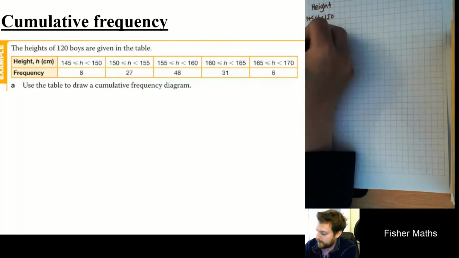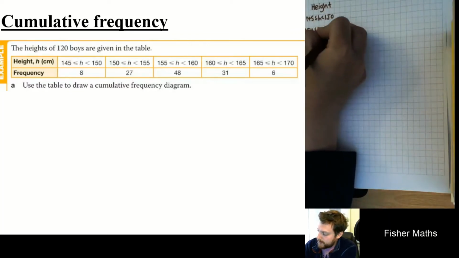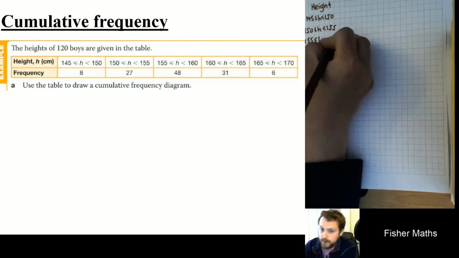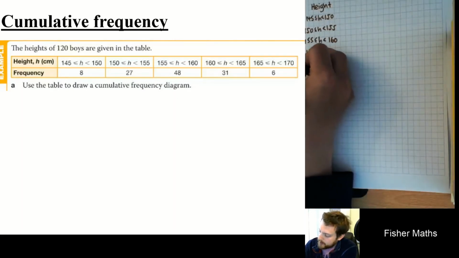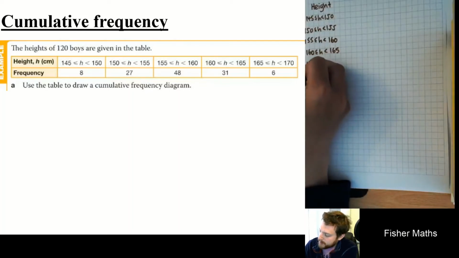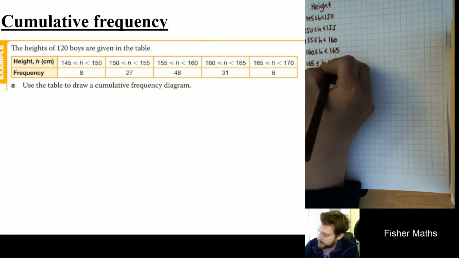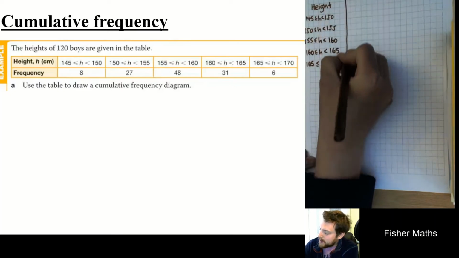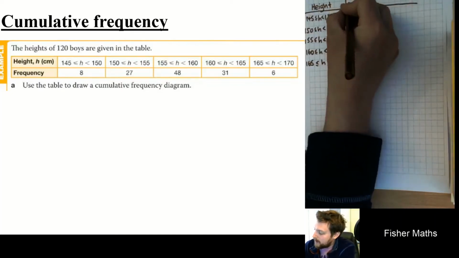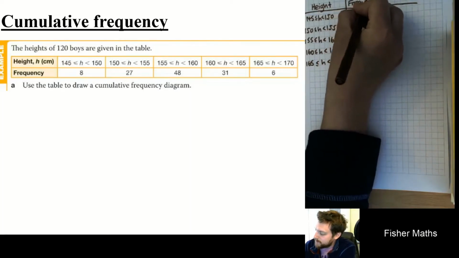We've got 150 to 155. We've got 155 to 160. We've got 160 to 165. And we've got 165 to 170. So that's kind of the annoying part. Like you actually have to copy that out. And then you've got frequency.